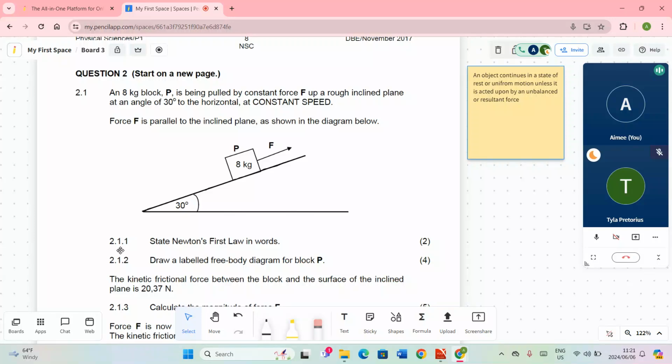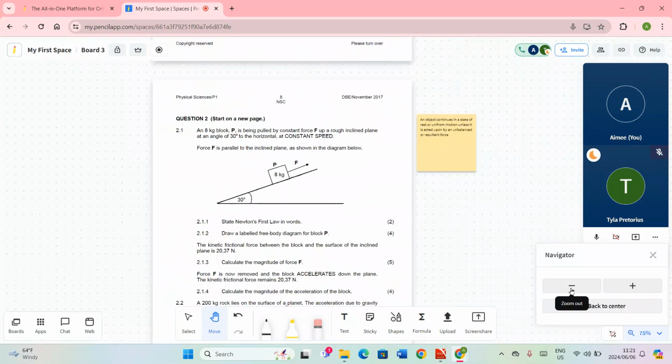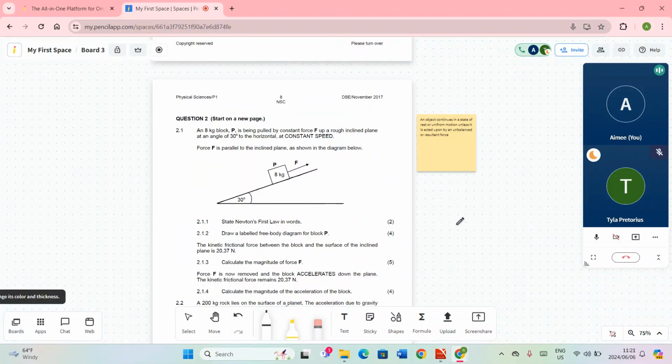The next question says 2.1.2, draw a labeled free body diagram for block P. Okay, so you know for free body diagrams, you need to use a ruler. You can't do it freehand like I'm doing it here. You need to use a ruler and you need to label all of your forces. So here's my object.